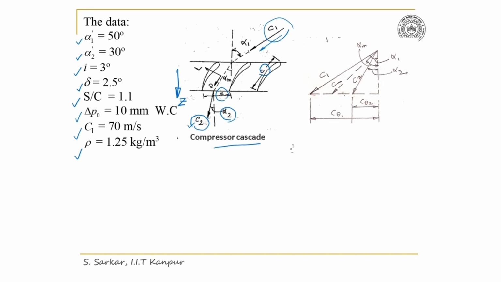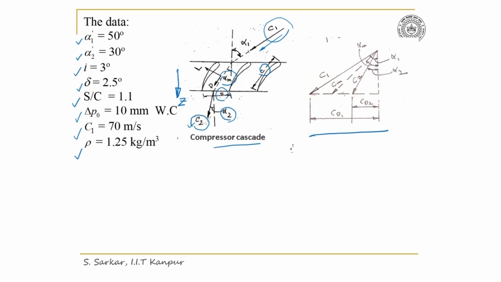I have shown here alpha m. Thus lift will be perpendicular to the vectorial mean velocity and drag will be along the Cm, where Cm being vectorial mean velocity. Now I have superimposed here the velocity triangle, both inlet and exit velocity triangle.